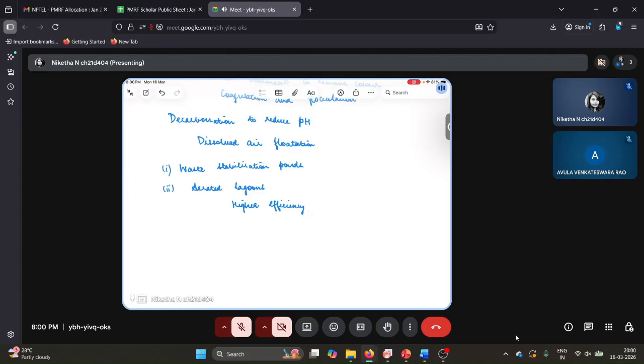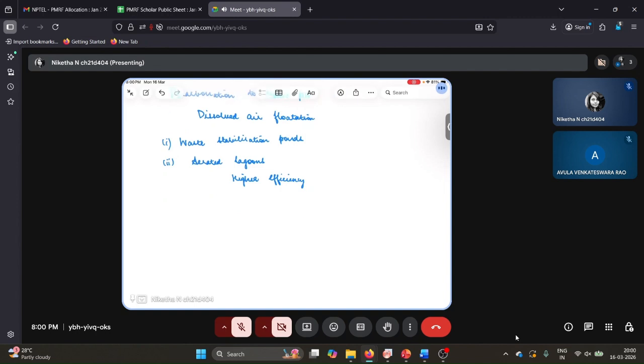So it can be used only for wastewater containing a moderate level of BOD, not very high BOD. Or it can be used as a final polishing step. Once we go for the ASP or activated sludge, or maybe even some anaerobic process, whatever wastewater is left can be brought to aerated lagoons as a final polishing step.